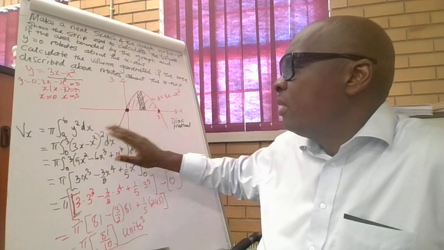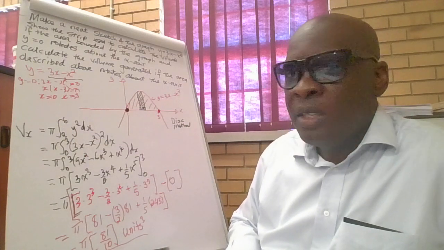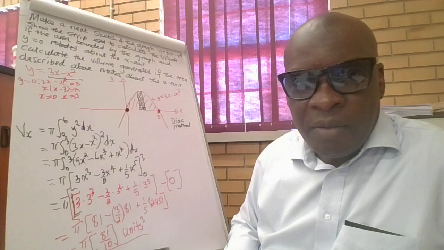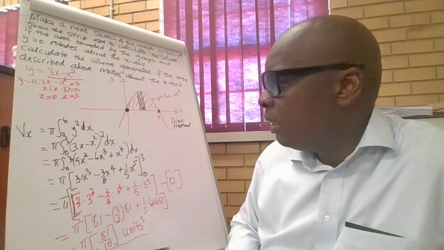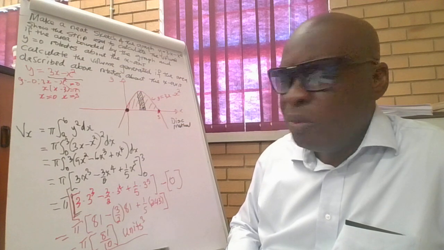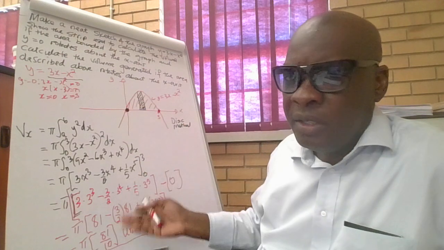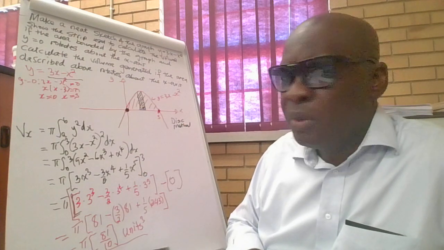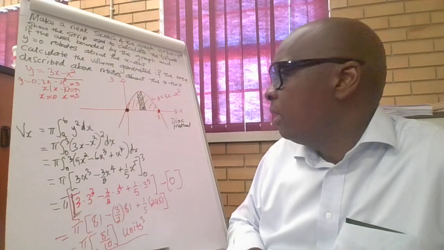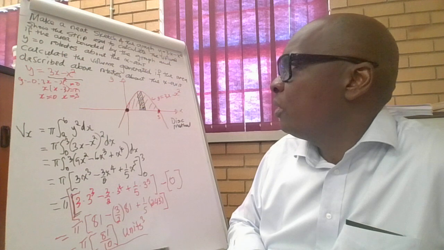Then we pick the right formula. In this case, we can only calculate that volume using the disk method. And then the rest is just the procedural work of integration. So that's how we can deal with this particular question.